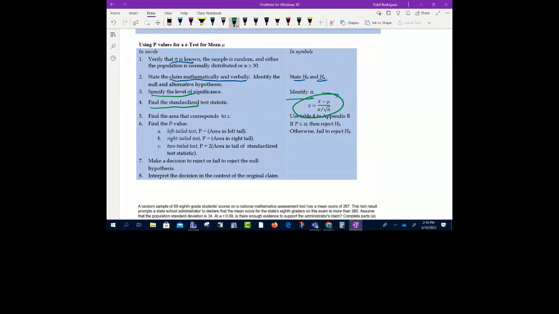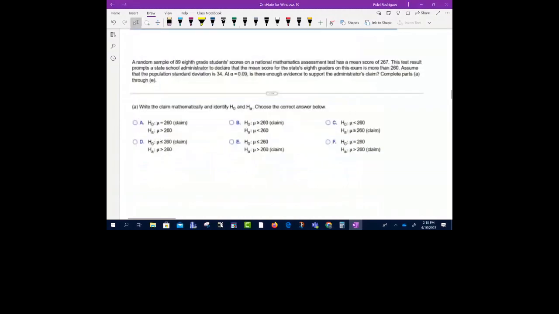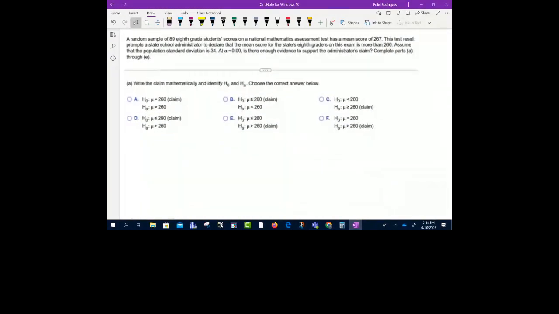Okay, so let's read through this question, y'all. I'm going to walk y'all through the process. Let's go real slow here. A random sample of 89 eighth grade students on a national mathematics assessment test had a mean score of 267.